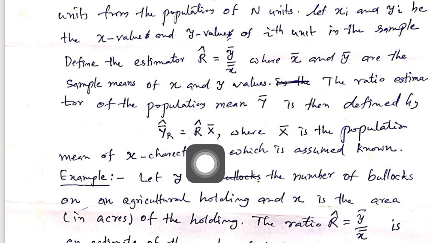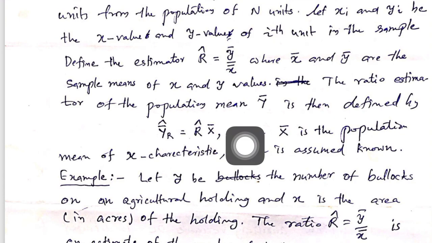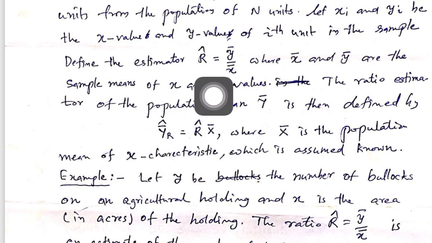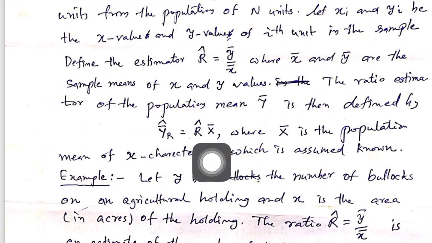That is very important. In ratio method of estimation, you will be efficiently estimating, but it will be subjected to some bias. So naturally, we have to establish that this is a biased estimator, and at the same time, we have to find how much bias is there. All these things we will discuss in coming theorems.